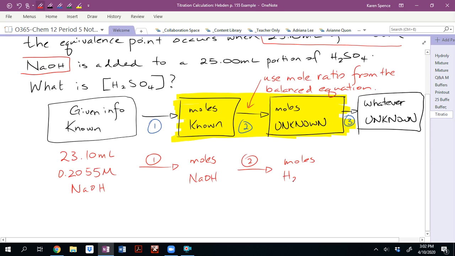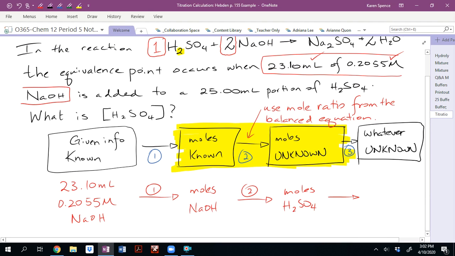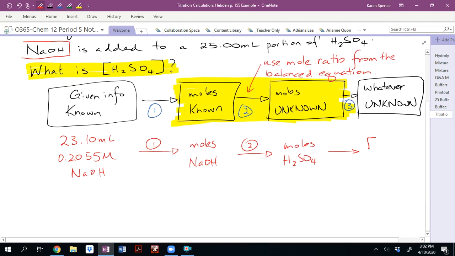Moles of H2SO4. And then finally, we have to look back at the question and say, what is the question actually asking me for? It's actually asking me for the concentration of H2SO4. Okay, so we are finding the concentration of H2SO4.